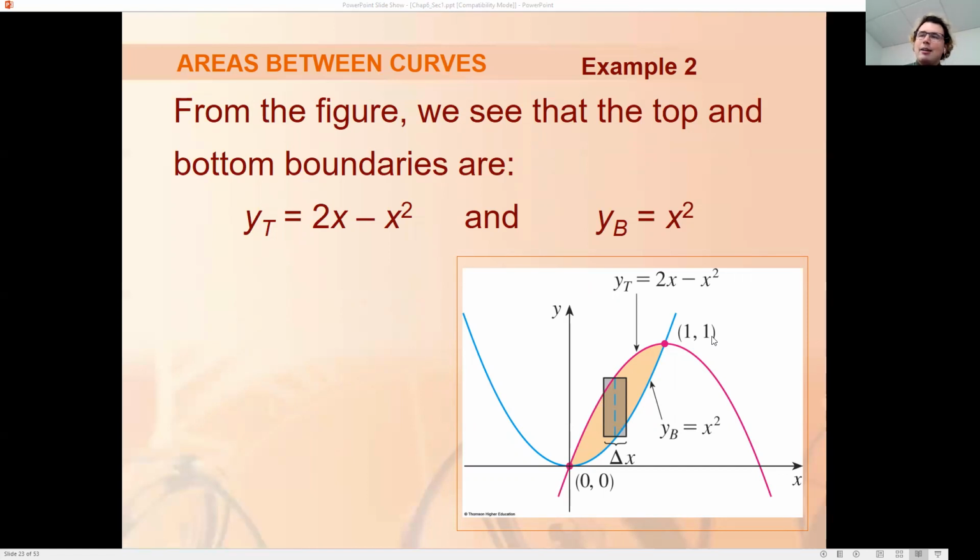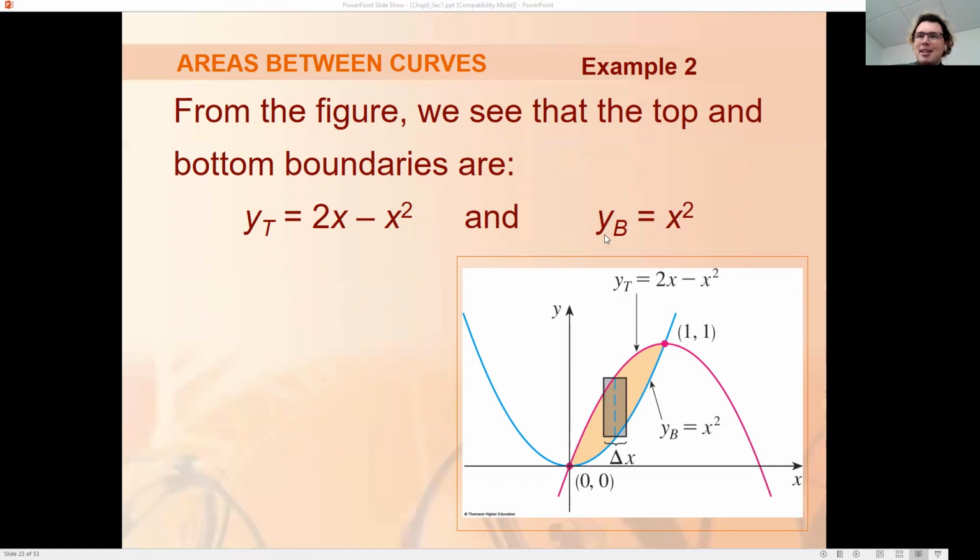Bear in mind that I still need to know which of the functions is on top. So from this picture, I can see that the downwards facing parabola is the top function. And that should make a little bit of sense thinking about the ways that these functions can overlap with one another. I could have also determined that algebraically. How do I determine that algebraically? Well, I just pick some coordinate x, let's say a half.